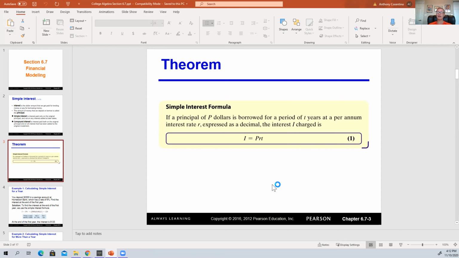And time is defined in years. And so if you are looking for 2 years, you would plug in 2. If you're looking for 1 year, you'd plug in 1. If you're looking for 6 months, you plug in 1/2. So that's how those numbers get calculated.